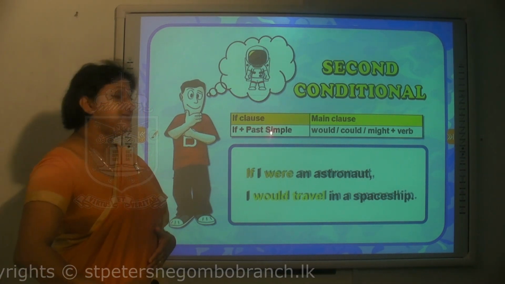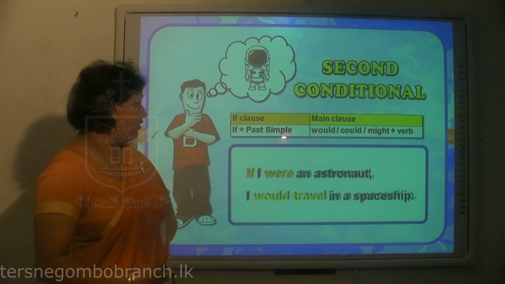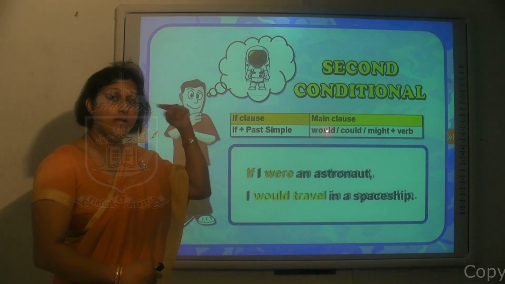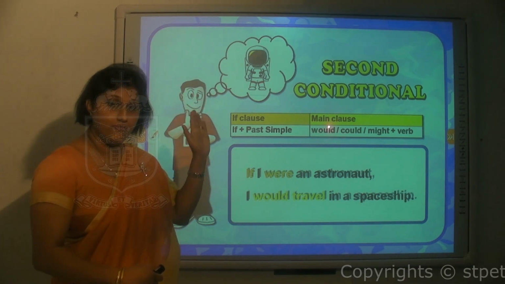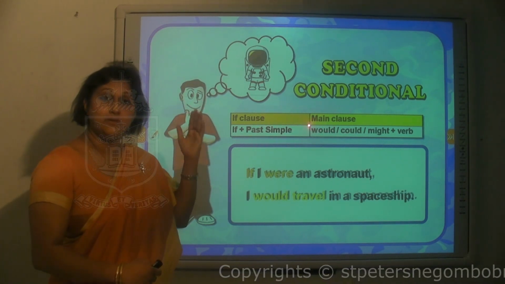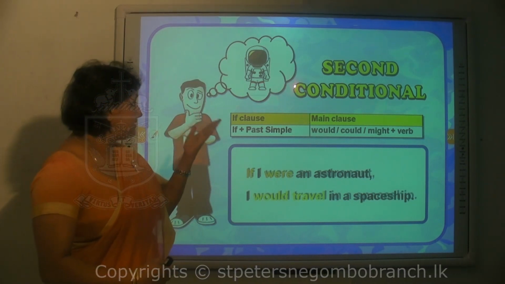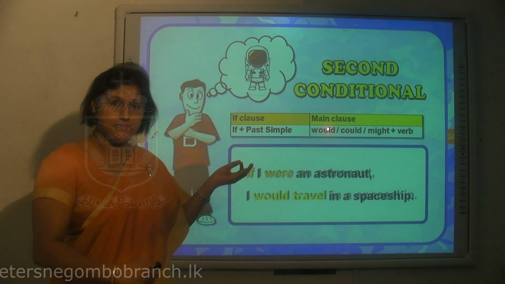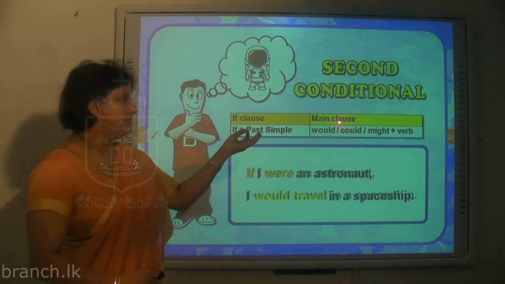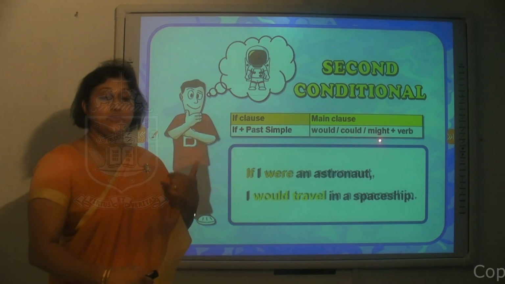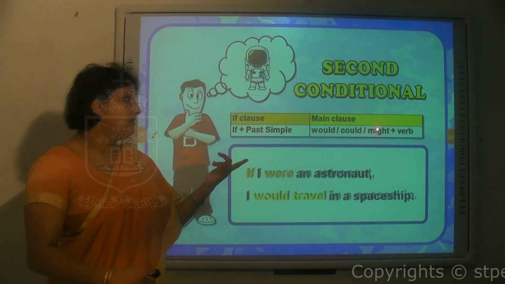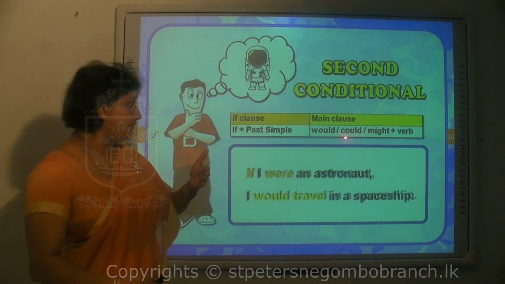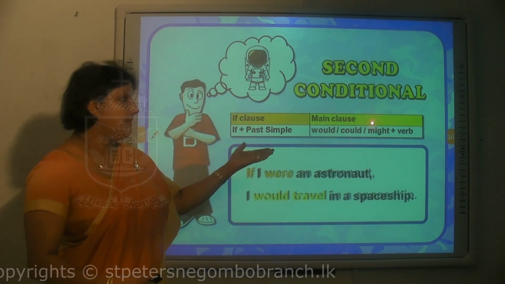The if clause is given in simple past tense. In conditional type 1, please recall, the if clause was given in simple present tense, whereas in the second conditional, the if clause comes in simple past tense. So it's very simple to learn. The second part, the main clause: earlier we used will, can, may plus the verb. Now here, the past tense of those words: would, could, might.